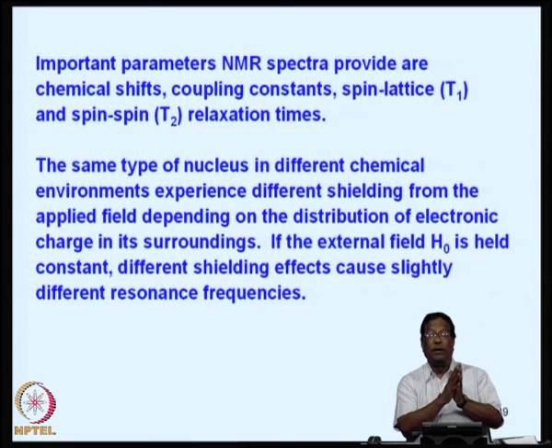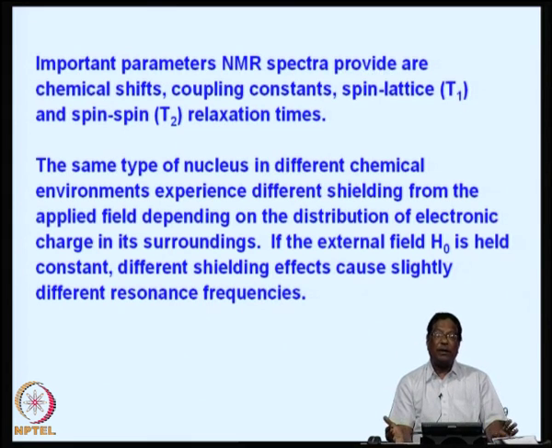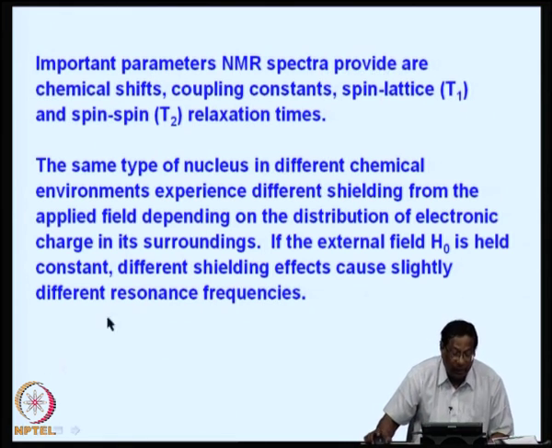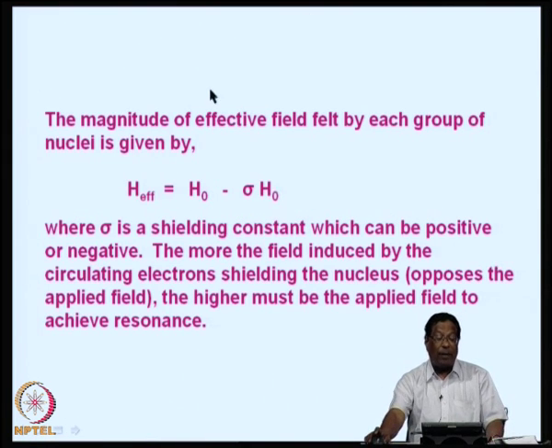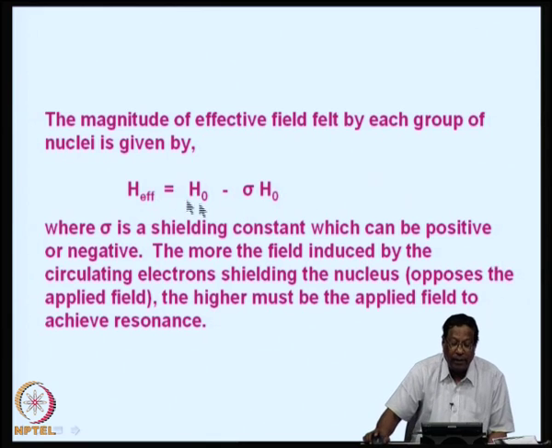Every proton must experience a different electromagnetic field, and if the external field is held constant, different shielding effects can cause slightly differing resonance frequencies. This is the fundamental principle. So, you would get different kinds of spectra defined by the shielding constant given by H0 minus sigma H0.